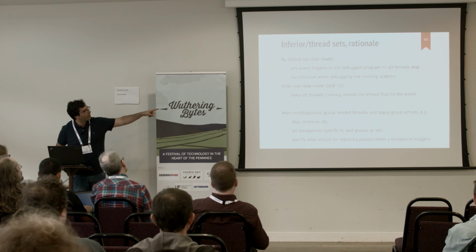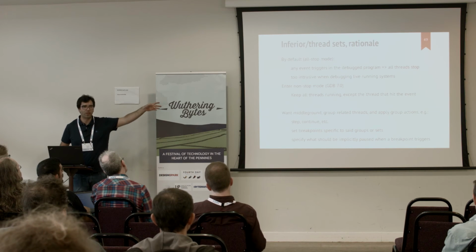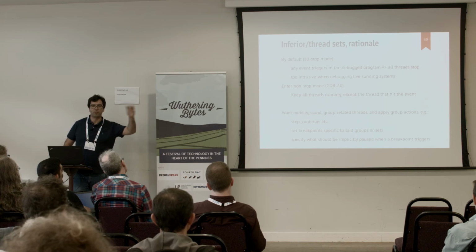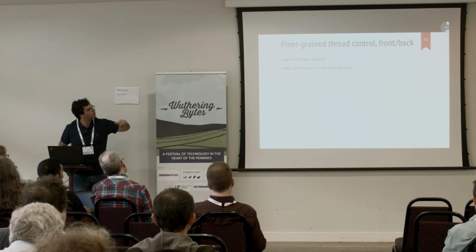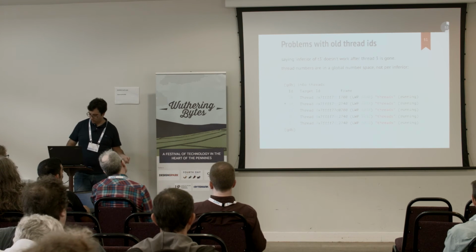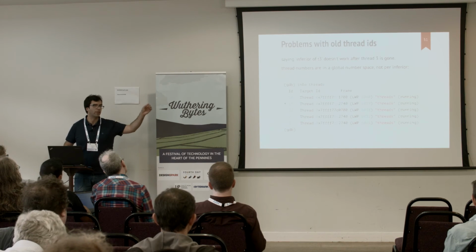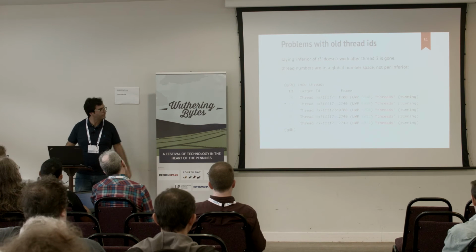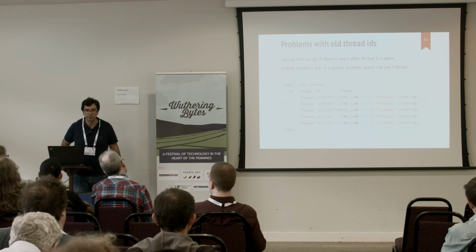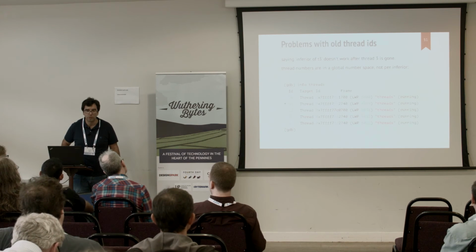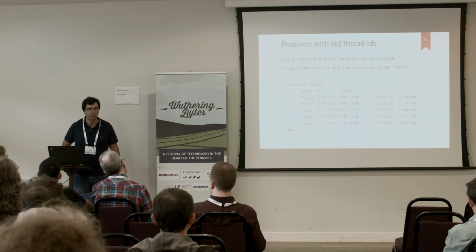So another work we were doing is merging all-stop and non-stop. All-stop stops everything, non-stop stops one thread. We want to have a middle ground, be able to create groups of threads, and say when this breakpoint triggers, just stop this group of threads. So did you find a meaningful way to characterize threads? To what? To characterize them. Like, how do you create the group of threads?